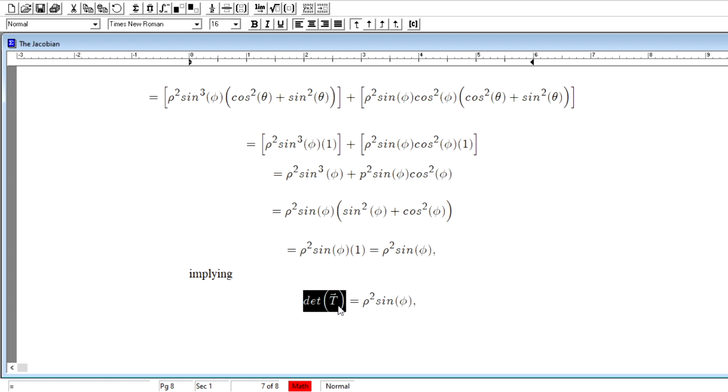What this determinant can be used to do is scale the volume seen in the description of R in terms of x, y, and z into the volume seen in the description of R in terms of rho, phi, and theta. Multiplying the change in rho, the change in phi, and the change in theta by this determinant will produce the volume in terms of region R expressed with respect to x, y, and z.